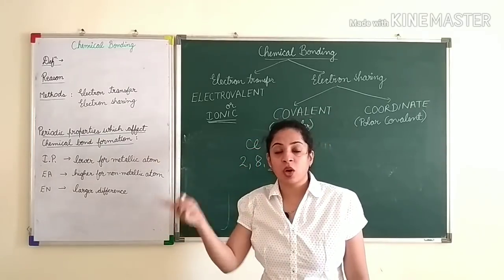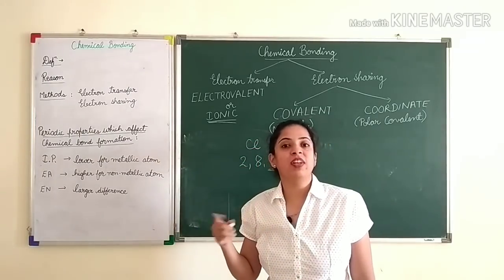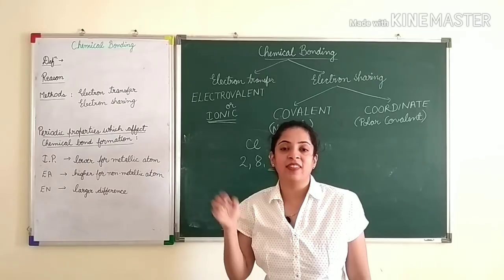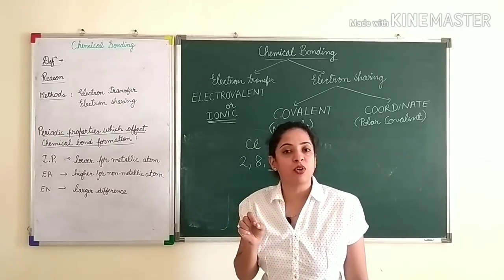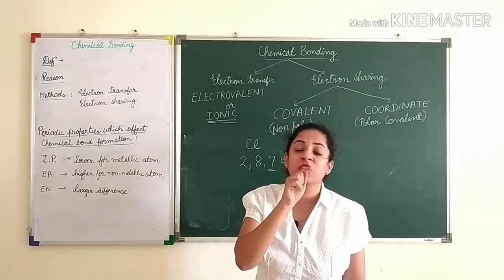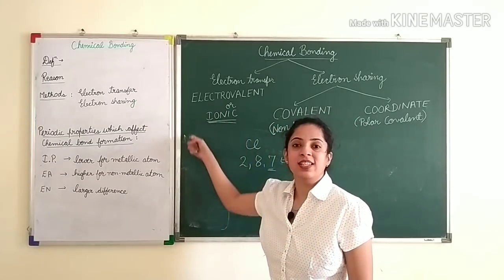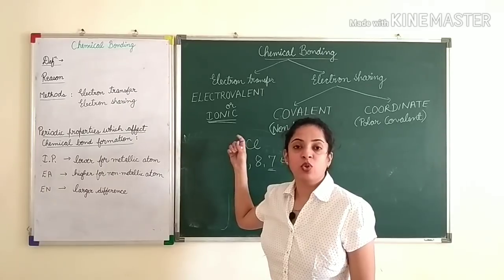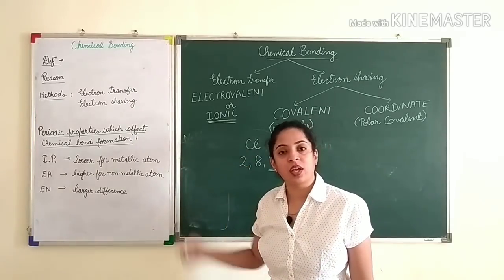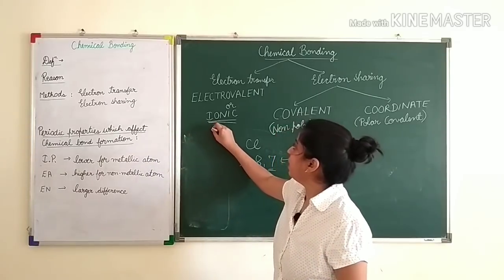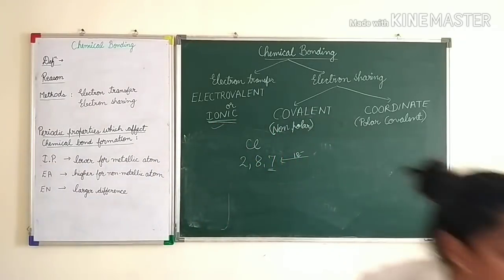Metal will lose electron to form cation, non-metal will gain electron to form anion, and there will be attractive forces between metal and non-metal, between cation and anion. So this bond is known as ionic, because two ions are attracting each other and forming a bond. So this will be electrovalent, right?